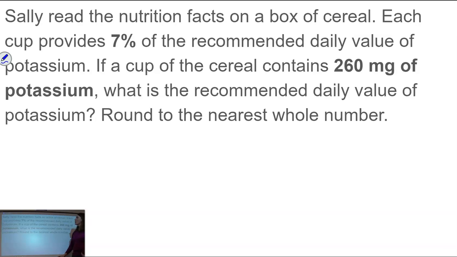Okay, so let's go ahead and set it up. We know 7% of the recommended daily value is of potassium, right? And then we have a cup of cereal contains 260 milligrams. So this is my total out of everything.